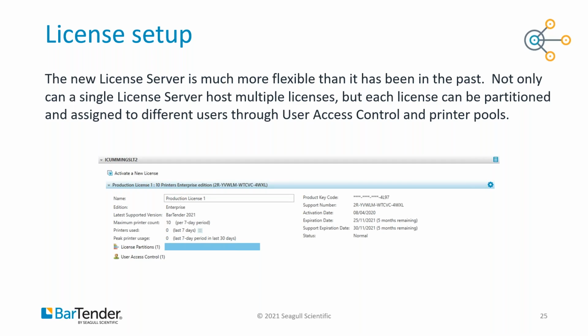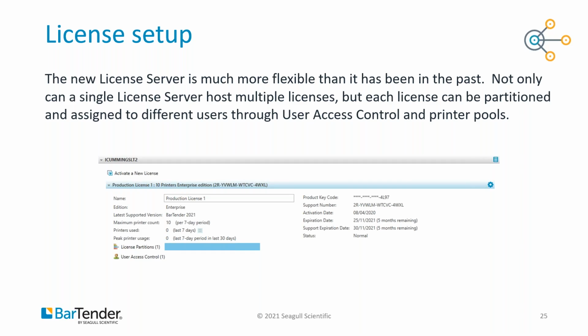And lastly, we can see status is normal. And this means that everything is running okay with the license. I'm not exceeding my printer license usage, for example. If I was, that status would be reflected in the status information.